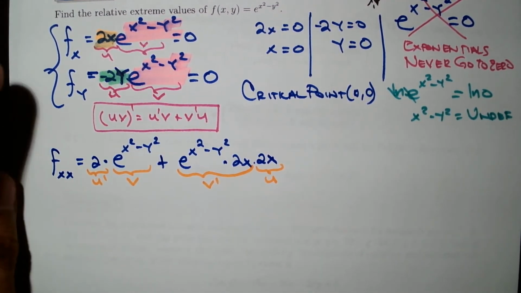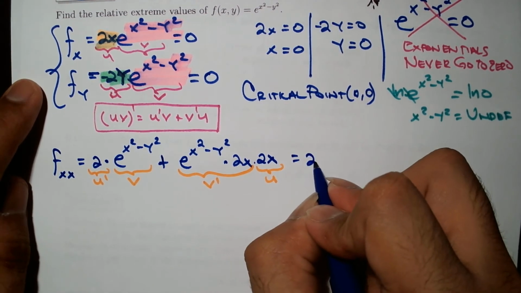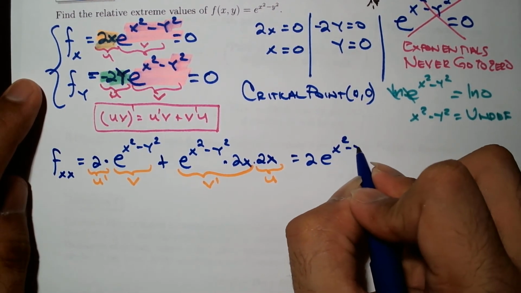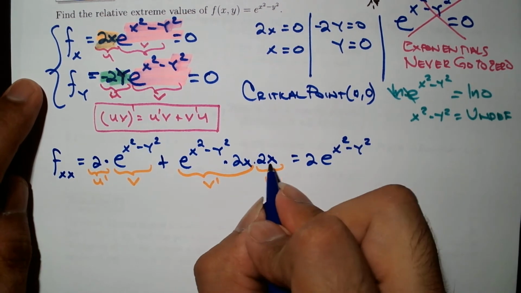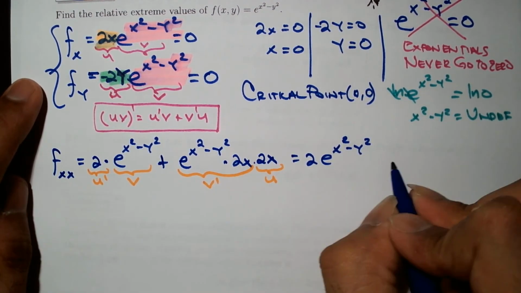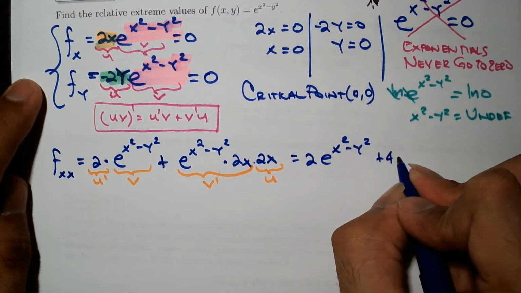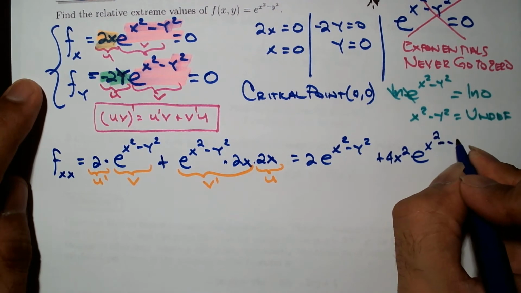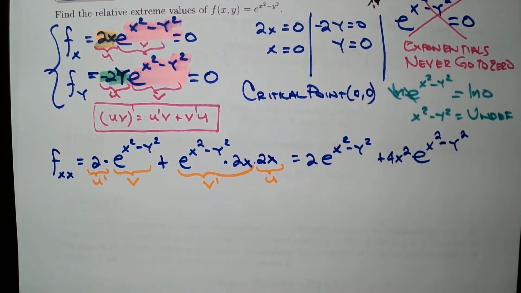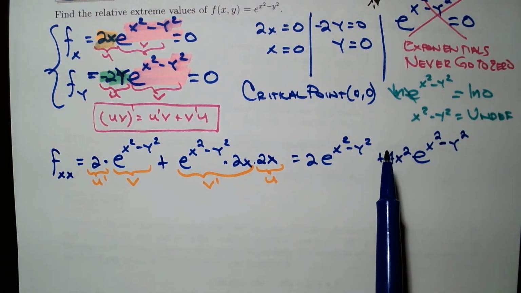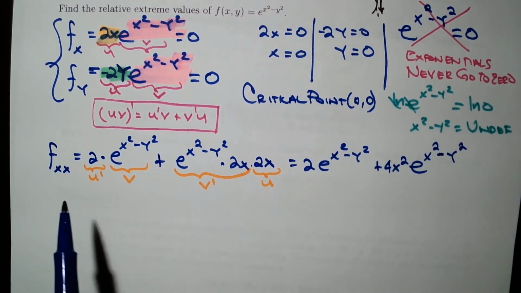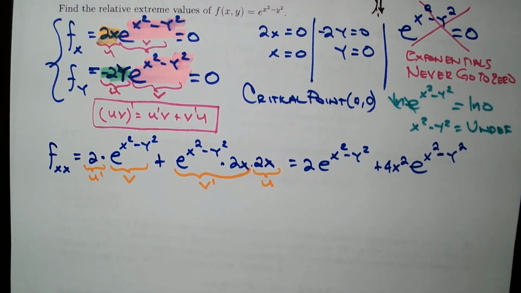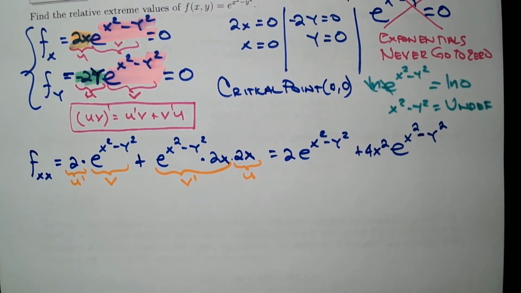Now, let's simplify this. So this is going to be simply 2e^(x²−y²), and then 2x times itself is going to give us, and I'm going to write it in the front of the exponential, 4x²e^(x²−y²). Okay, I'm going to write this in a simpler way, and we better do that because when we have a huge expression like this times another one with respect to y, you might want to have this in terms of a simpler function.